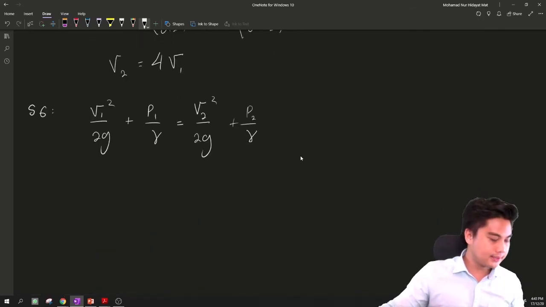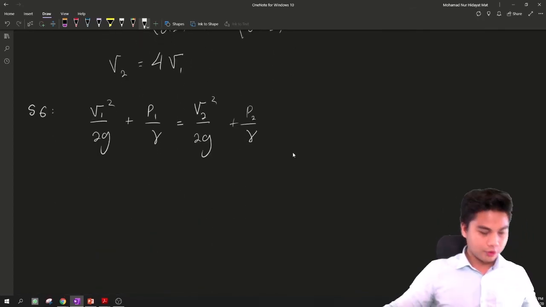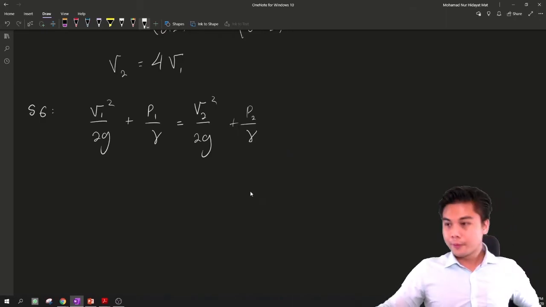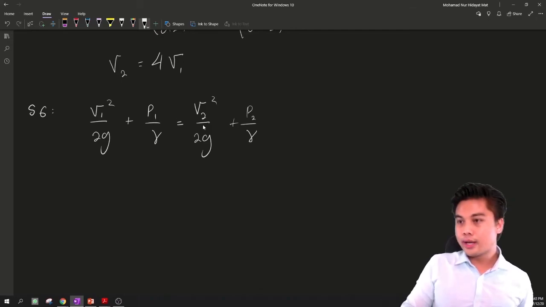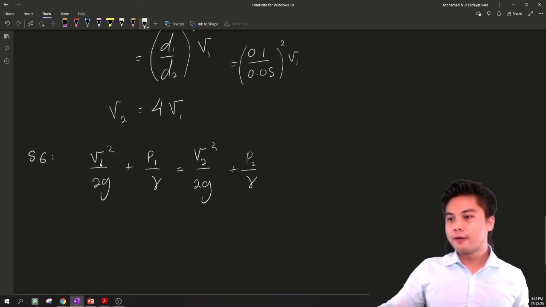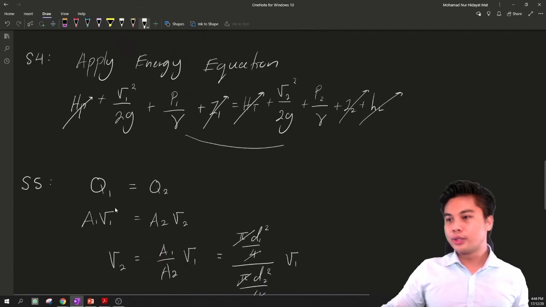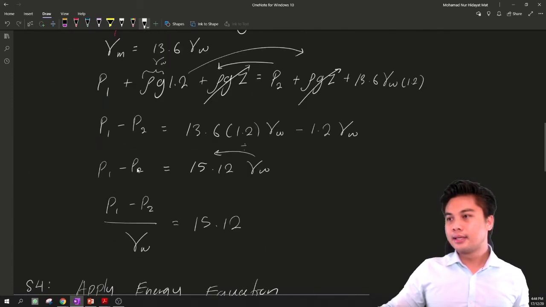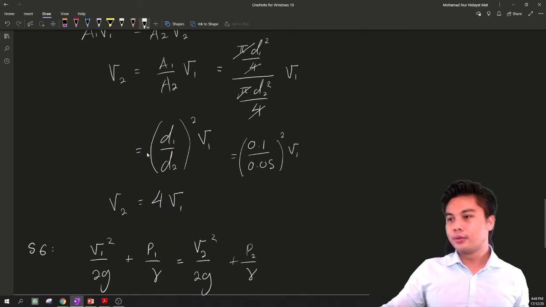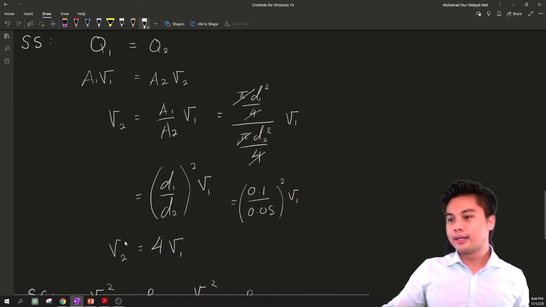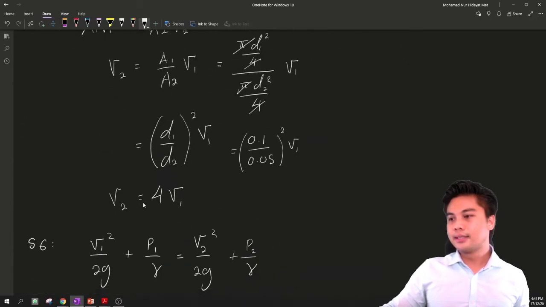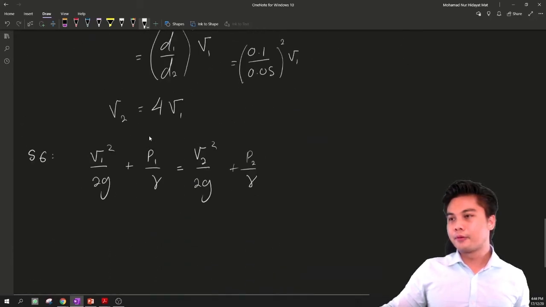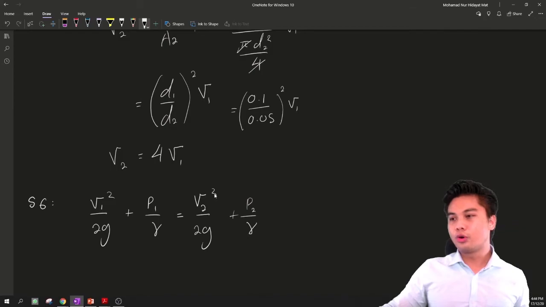We need to rearrange this term to make it V1 minus V2, because we can make P1 minus P2 as well as this one. V2 equals 4 V1.